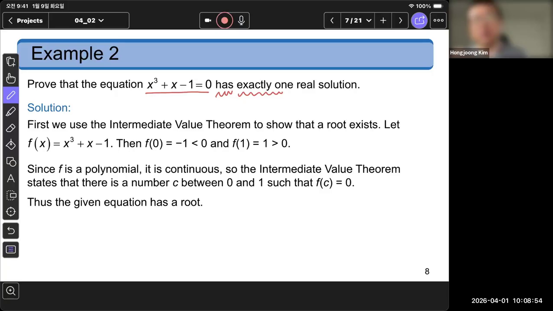I first need to show that the problem has a solution, the existence of a solution. And then I need to show that the solution is unique. So you have exactly one solution, the uniqueness.